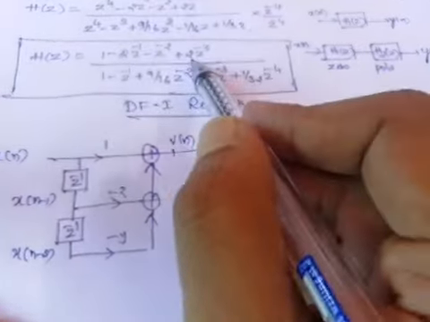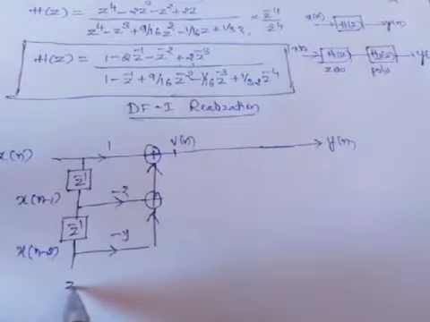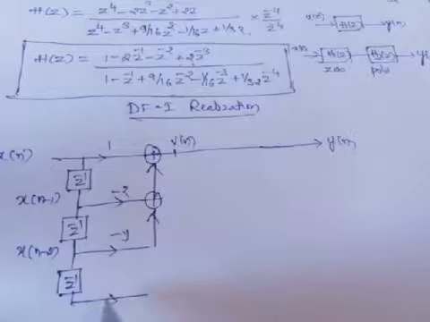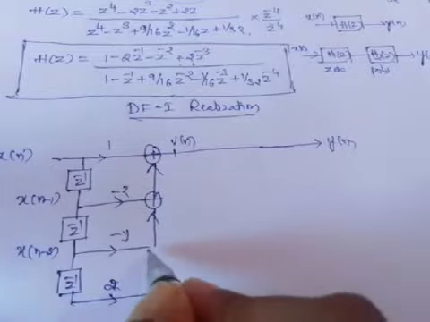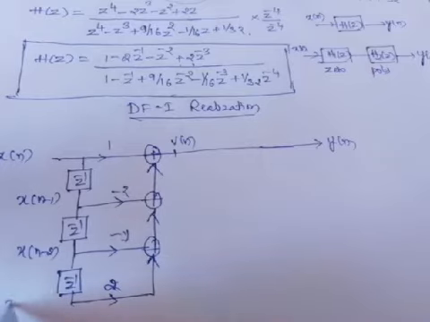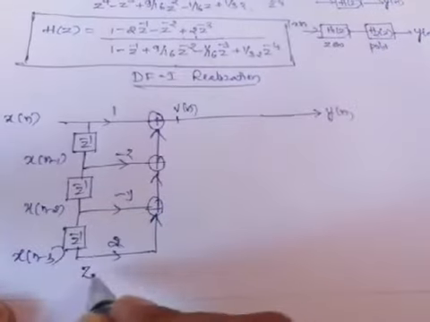Next, third time delay, the coefficient term is plus 2. Add with the previous operation. So what we got here is x of n minus 3. What we got here is the zero system.